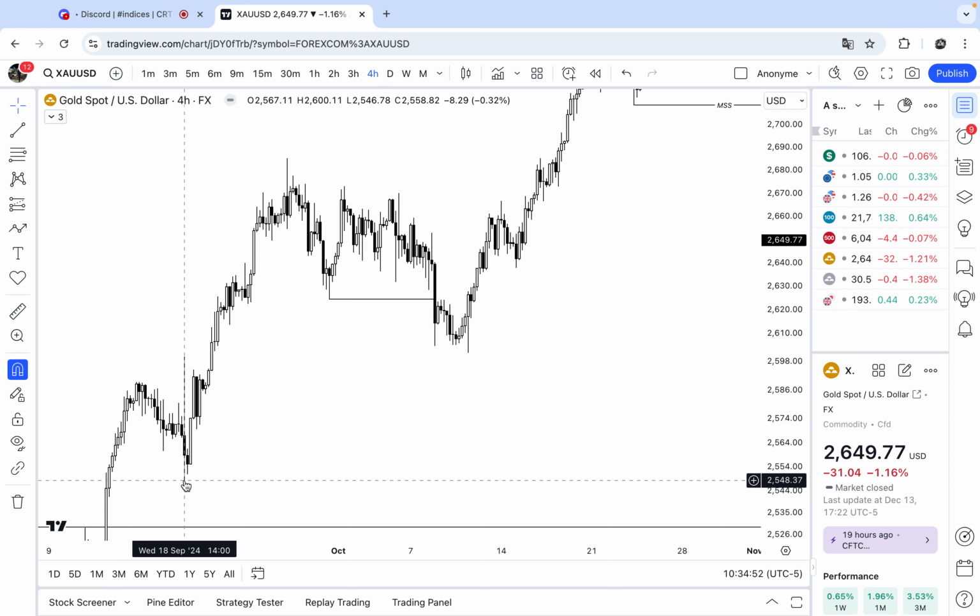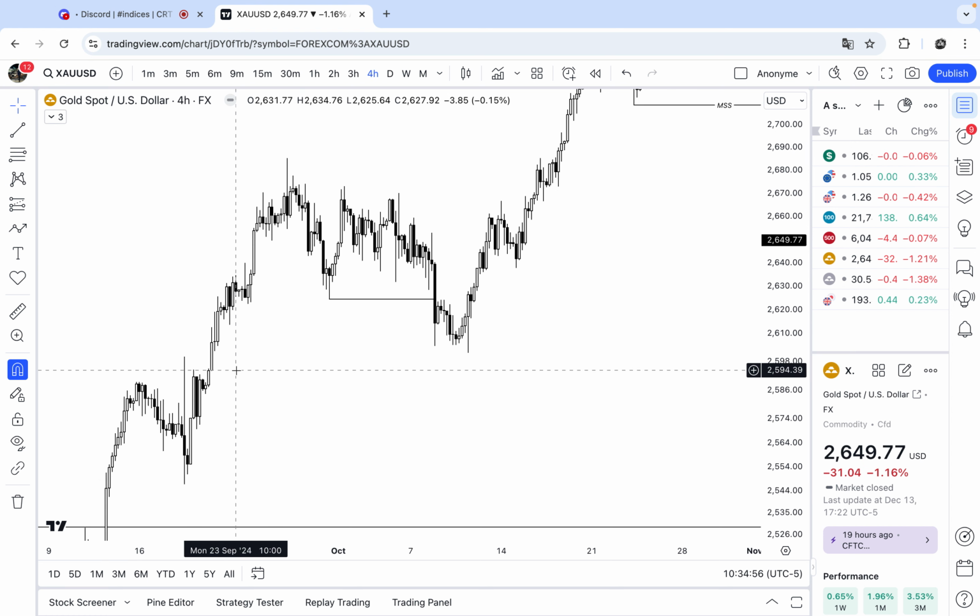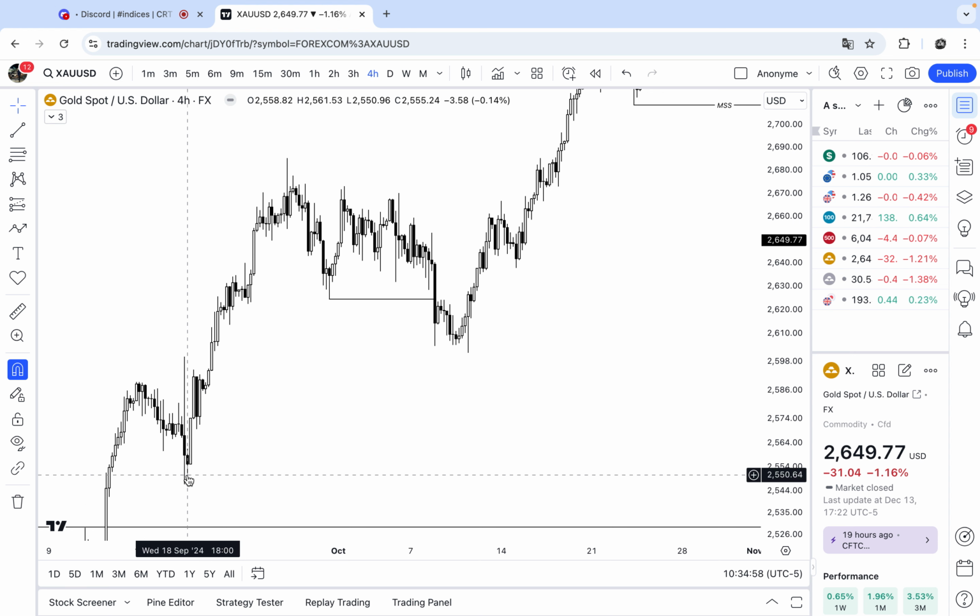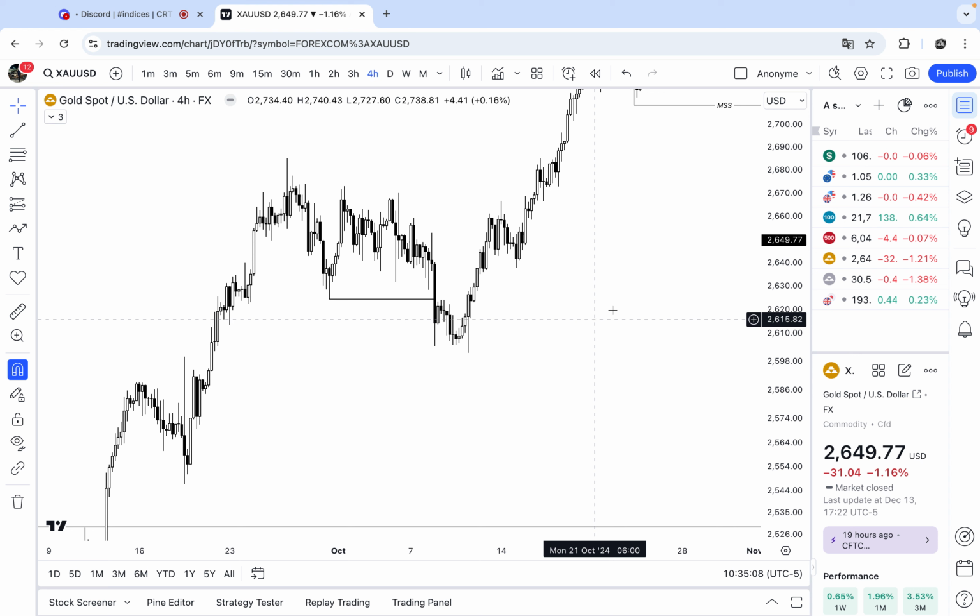This is the low. This is the last low that broke the last high. This will be the true market structure shift if we break under this one. All right. Did you guys understand now?